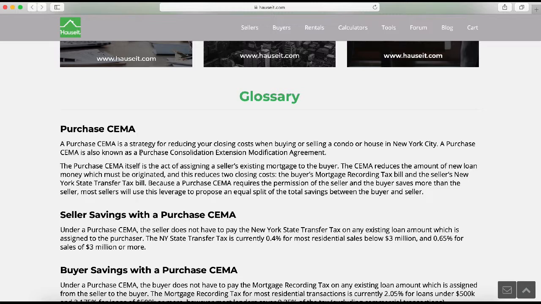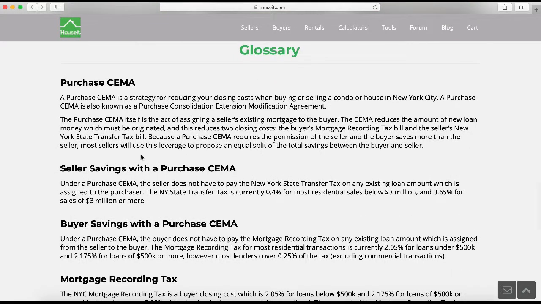Now, this is relevant because the mortgage recording tax for buyers is only based on the amount of new loan being underwritten. So if, for example, a buyer is taking out a $500,000 mortgage and the seller has an existing $500,000 mortgage, in theory, the seller can just assign their mortgage to the buyer and the buyer wouldn't be taking out any new loan money at all.